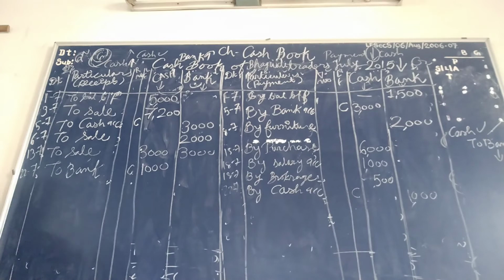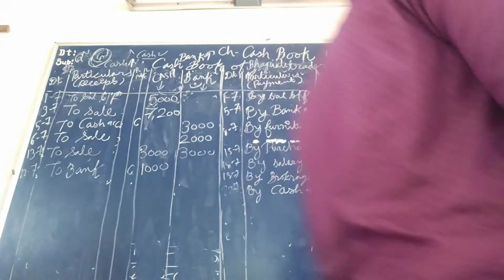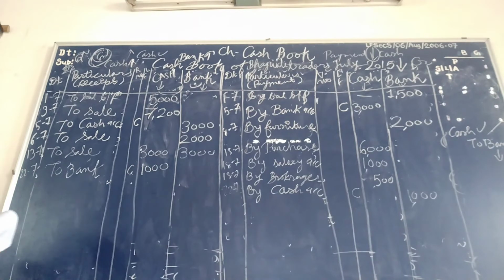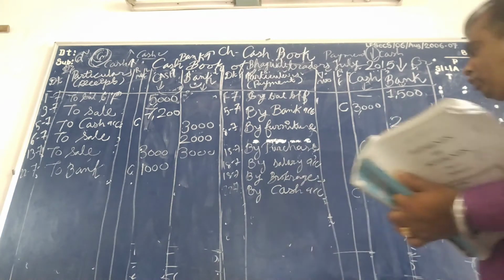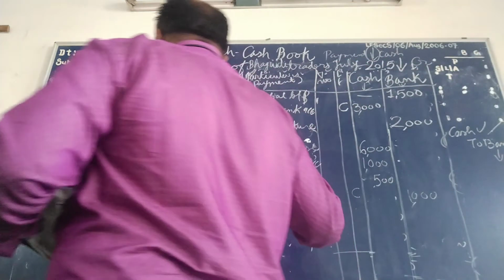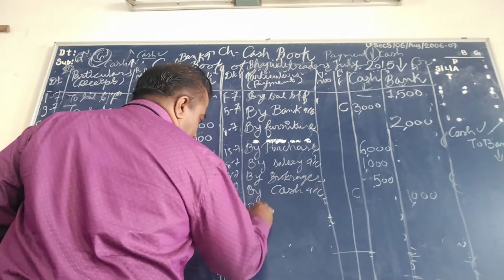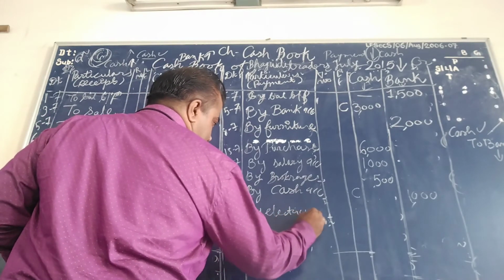Now 23rd of July, electricity bill paid, means we withdrew 1000 rupees from the bank on 22nd July, and now we pay the electricity bill. So the journal entry will be passed as electricity expense account debit to cash account, and cash goes out, so we write here in the payment side of the cash book, 23rd of July, by electricity expense.